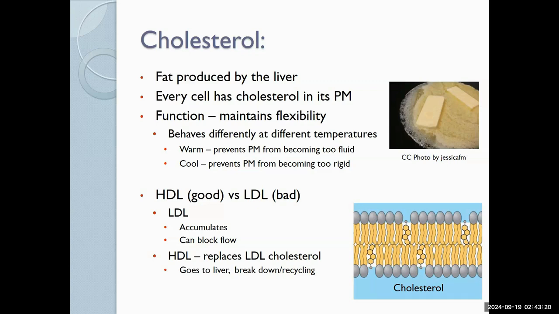But the HDL form is frequently broken down and recycled and moved back to the liver. This is considered good cholesterol because it can perform the necessary function of cholesterol, buffering plasma membranes without building up and affecting the circulatory system.